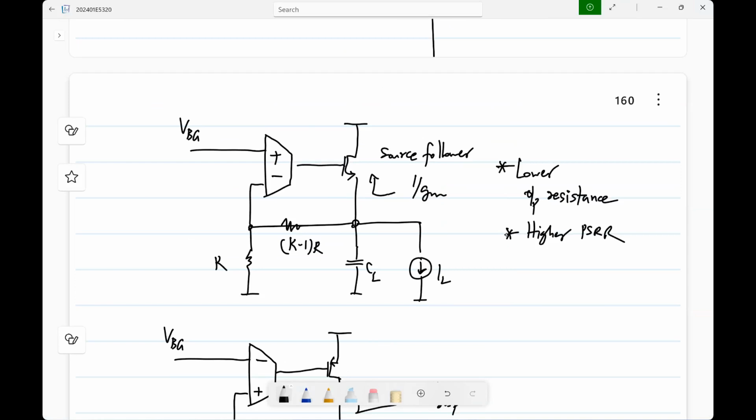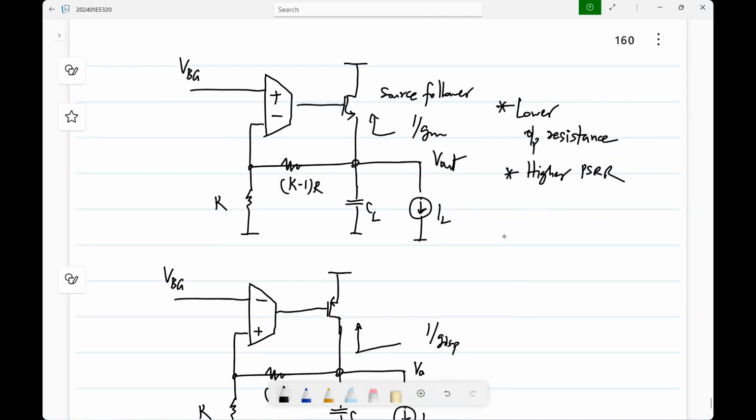If I want to get, let's say, 4.8 volt or some output, the same output voltage in both cases, what might be the difference in these two? Lower loop gain. Why? Loop gain, let's say you can design the first stage to get whatever loop gain you want, DC loop gain at least. That's not a big concern.